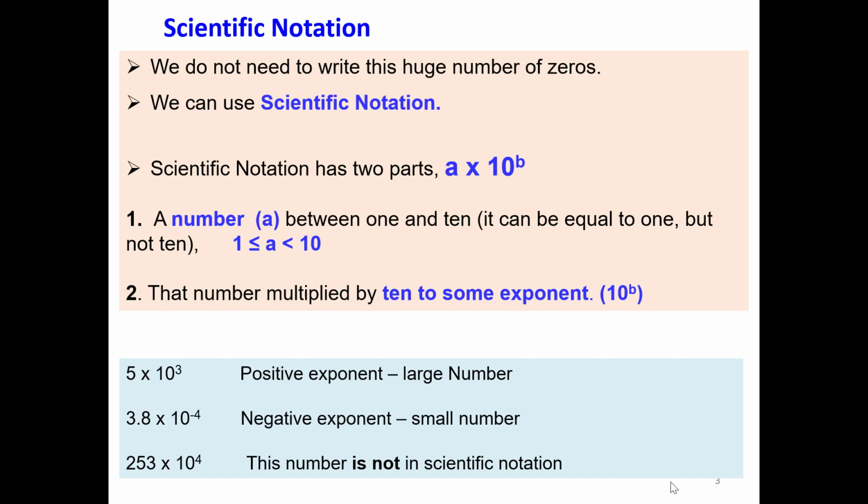And you have to be careful, because in some cases you can have a number multiplied by a power of 10, but the number is not in scientific notation. Why? Because this part is not between 1 and 10.